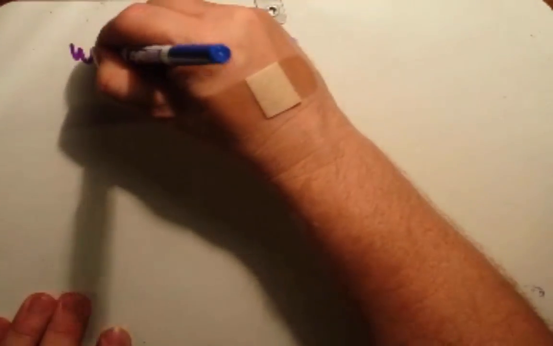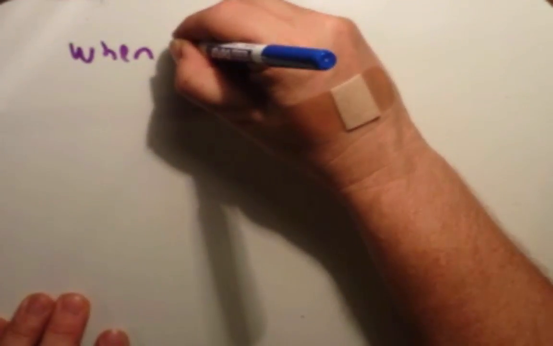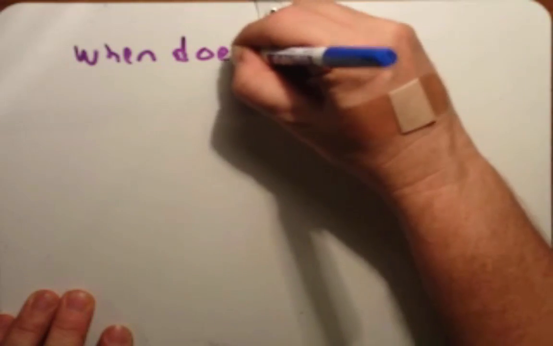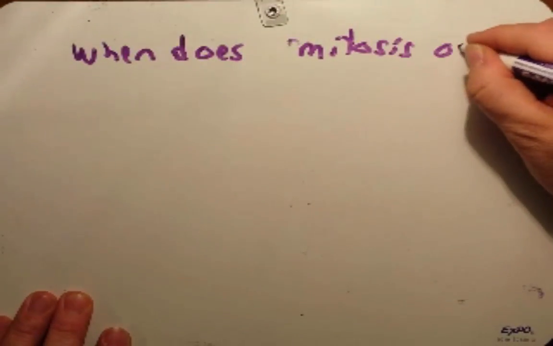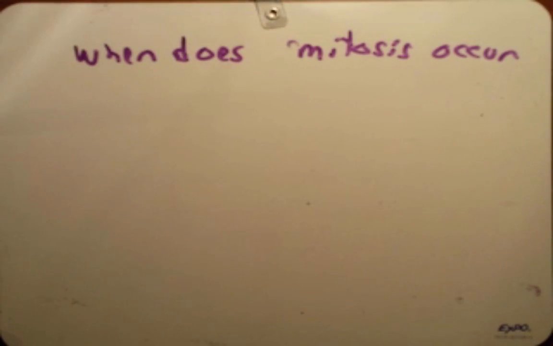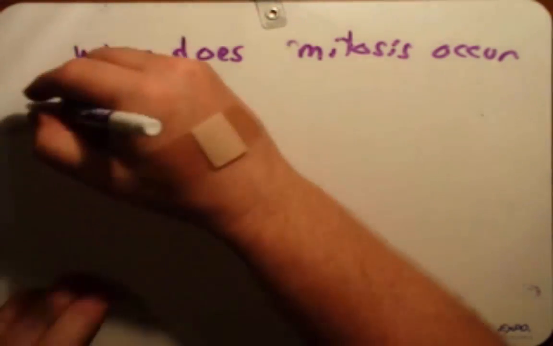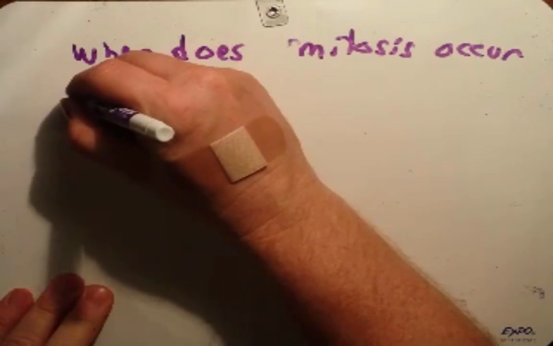When does mitosis occur? Just as a quick reminder and summary here. Mitosis occurs, in fact it's incredibly important, right?